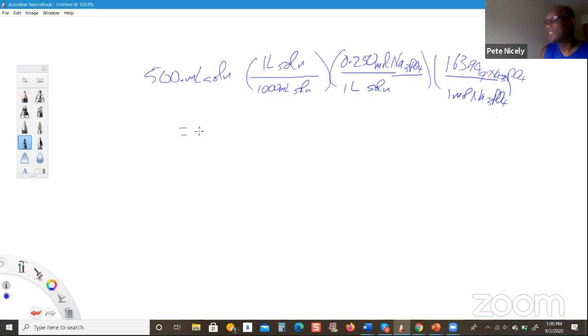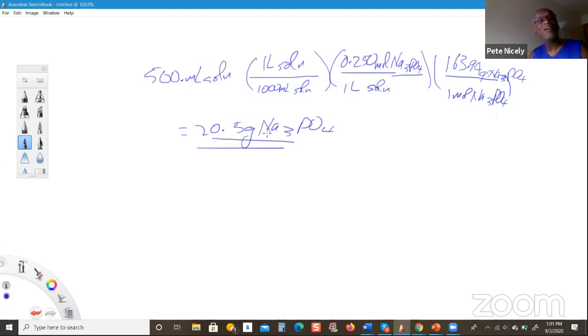And of course, we're going to need our calculator to do our number crunching: 500 divided by 1,000, times 0.250, times 163.94. I have to round this off to 3 sig figs, so this should be 20.5 grams of sodium phosphate. So this is the amount of sodium phosphate that we need to weigh.